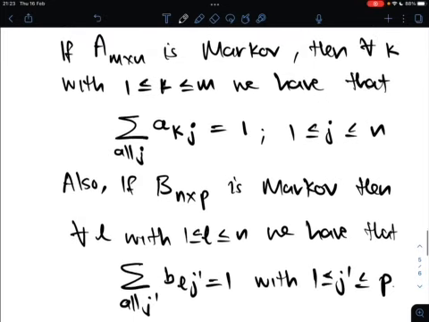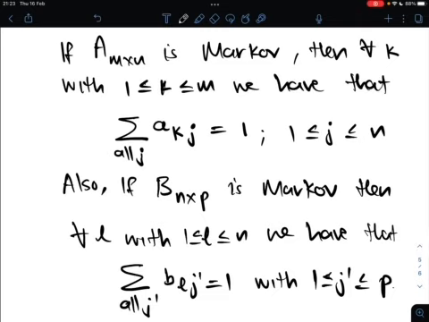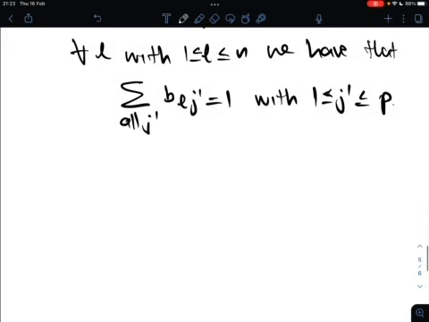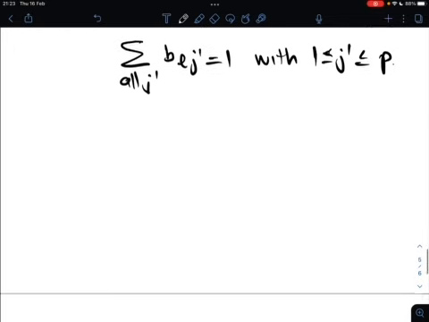You see that? So if A is Markov, this follows. If B is Markov, this follows. Now we want to prove that the product of these two Markov matrices is also a Markov matrix. So how can we now prove this result? This is how we're going to proceed. Now, let C be equal to AB.